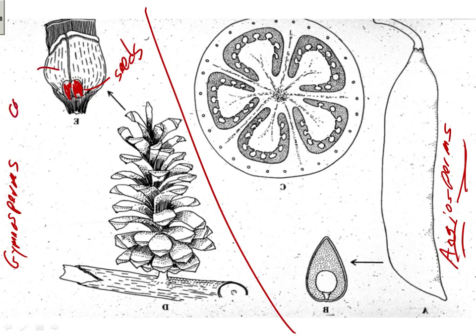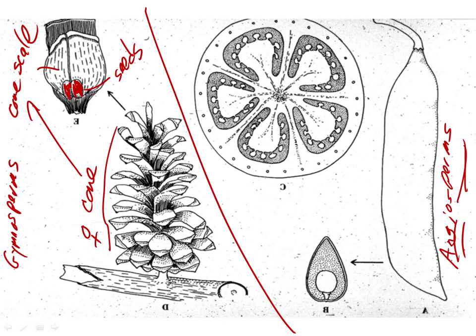We'll call this for now a cone scale, because it comes off of a cone, and in fact a female cone. But they are not enclosed. They are just stuck on top of that, like we have seen sporangia on the top of sporophylls. It's similar, not identical, but similar.